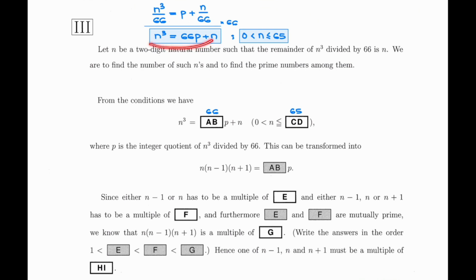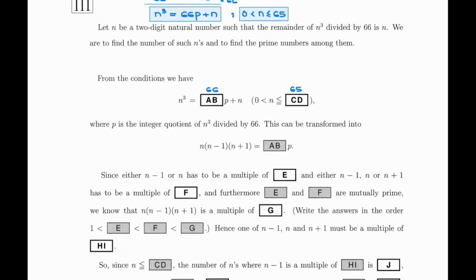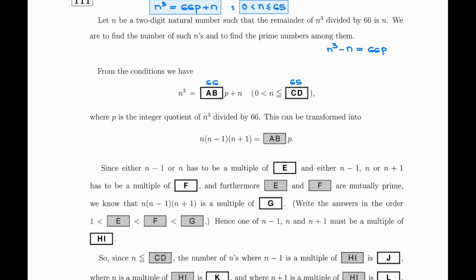If you see my equation, I can move n to the other side, then I will obtain n cubed minus n equals 66p, and of course I can factorize n cubed minus n. First, I factorize n times n squared minus 1 equals 66p. Then n squared minus 1, as you know, if I have a squared minus b squared, it can be factorized into a minus b times a plus b.